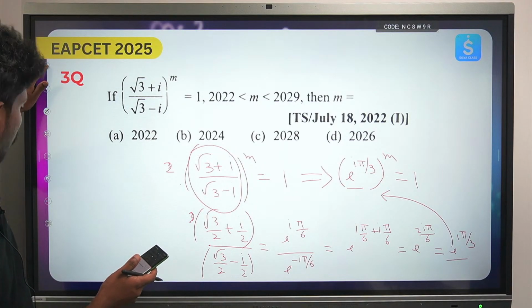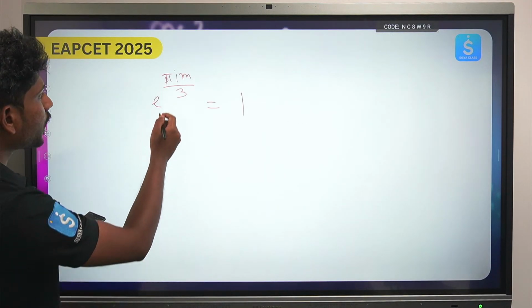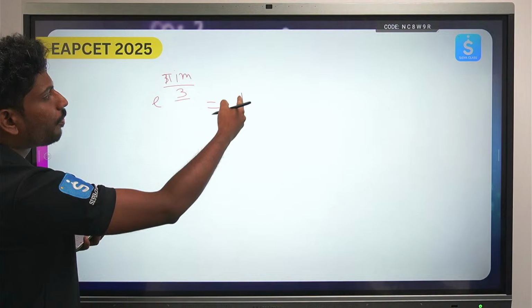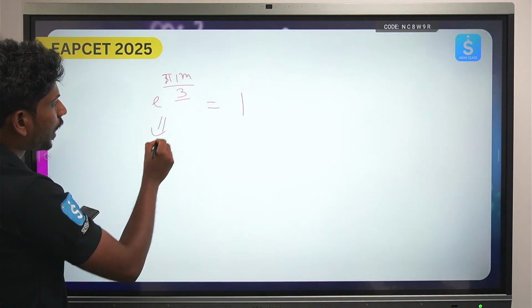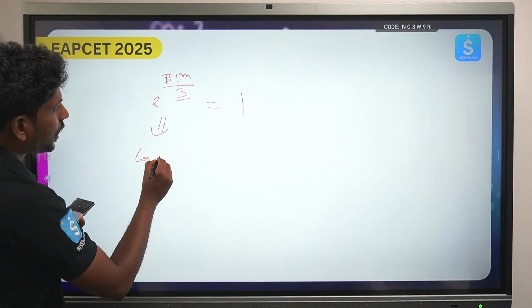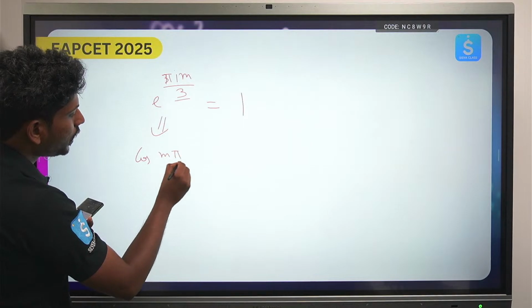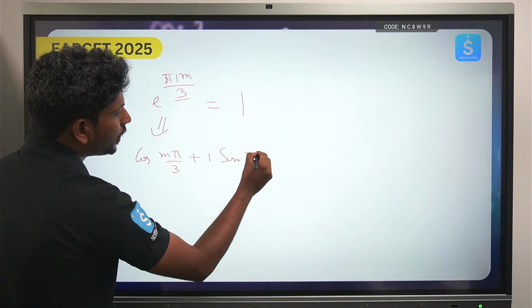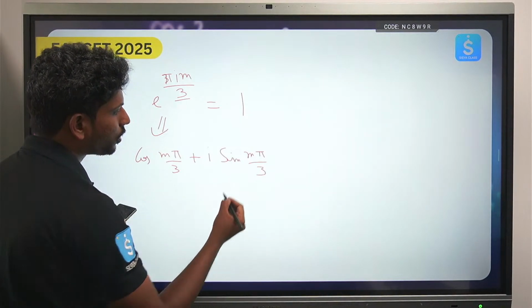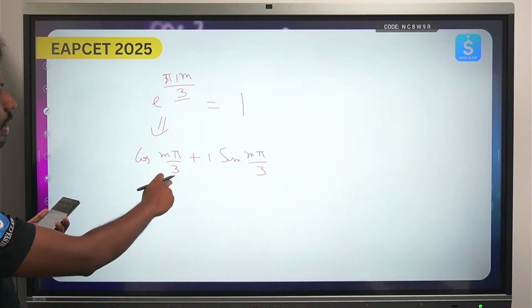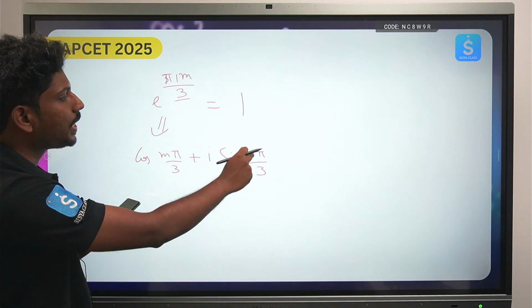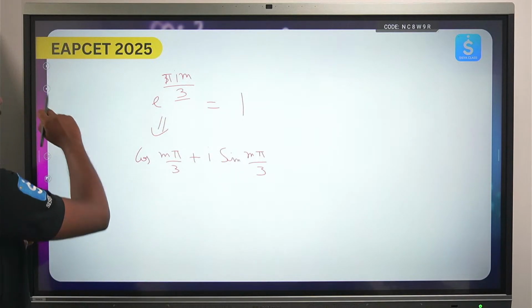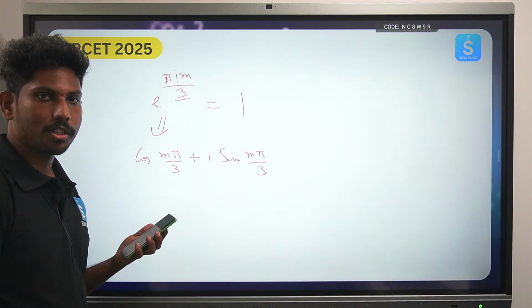Okay, right? So now if you see here, this is nothing but cos m pi by 3 plus I sin m pi by 3. This is what you should get. So this value should be equal to 1.